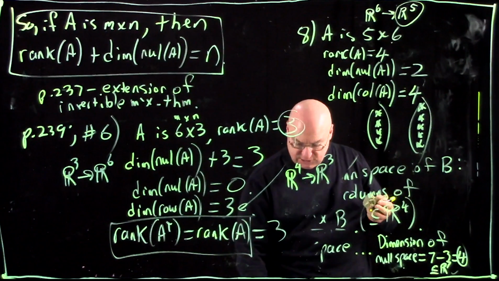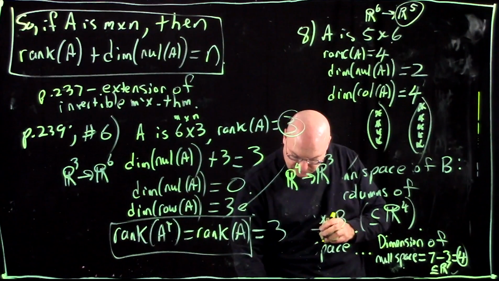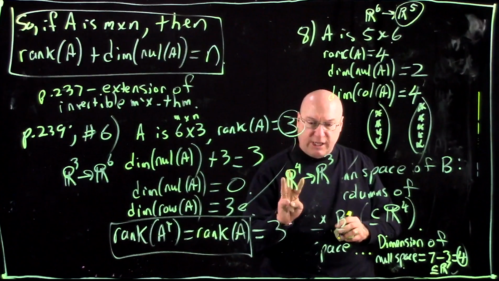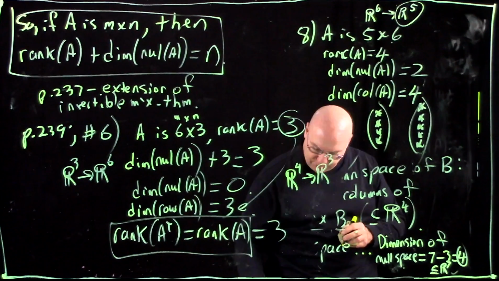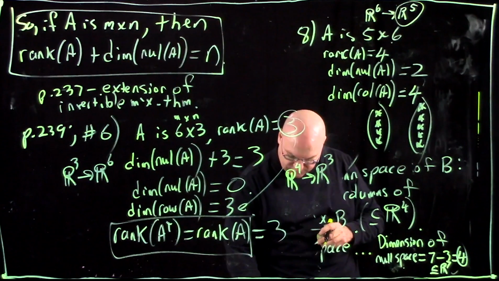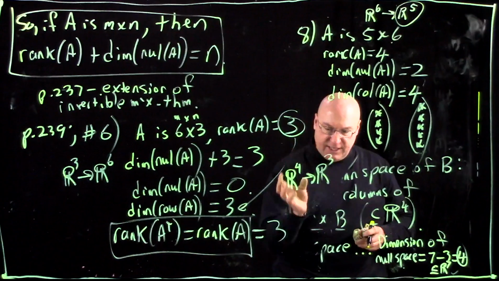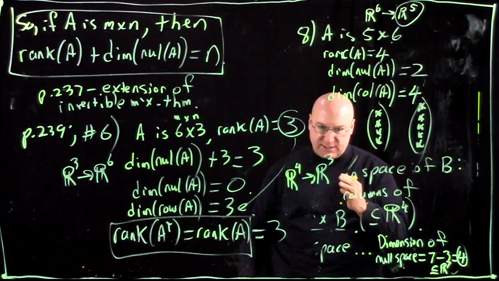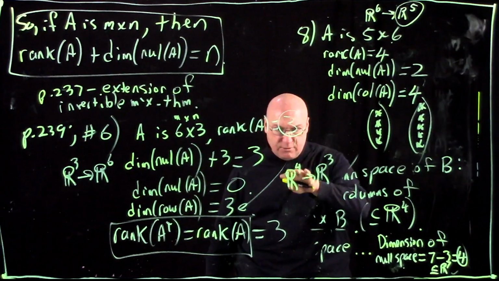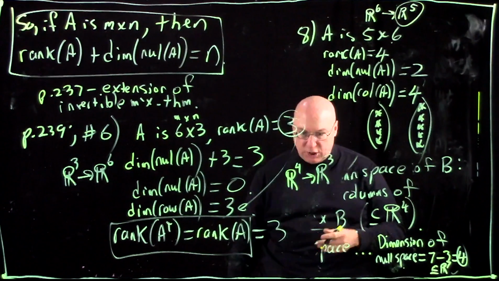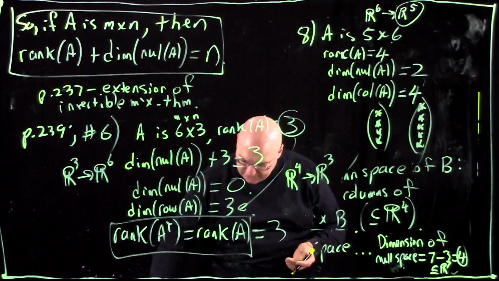So the largest it could be is 3, right? Because I'm dumping it into R3, you can see it there. If it's a 3 by 4, what is the largest possible dimension? Again, the answer would be 3, because it's the smaller of the number of rows and number of columns. That is the largest you could have for the rank.